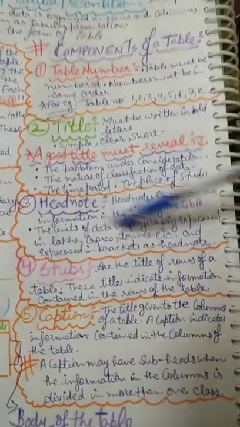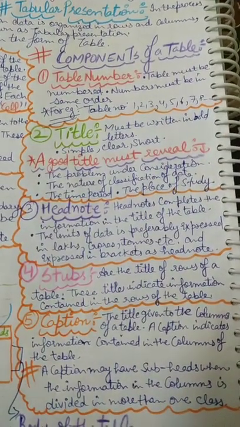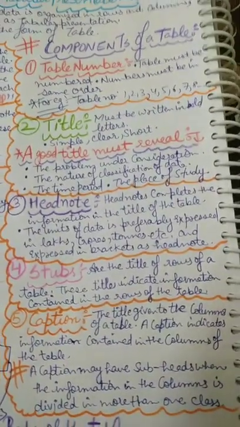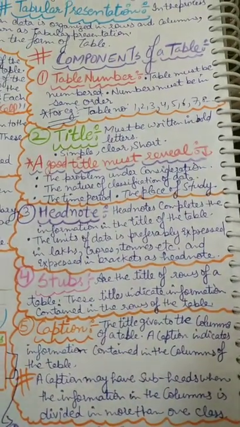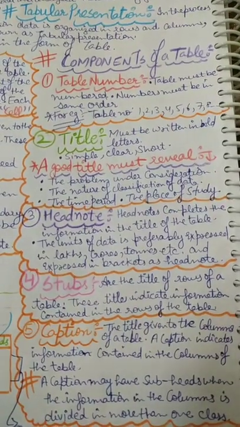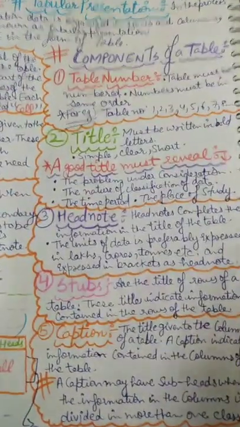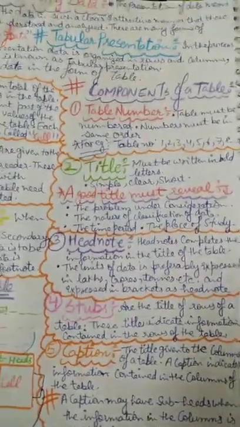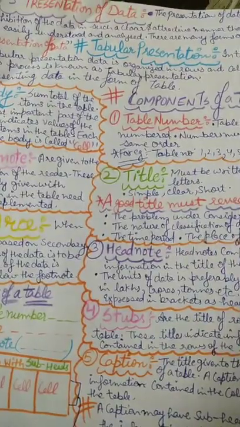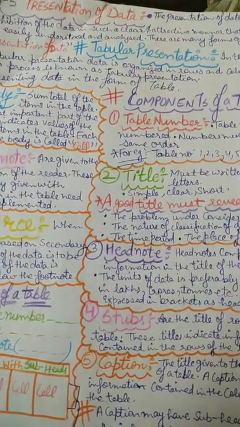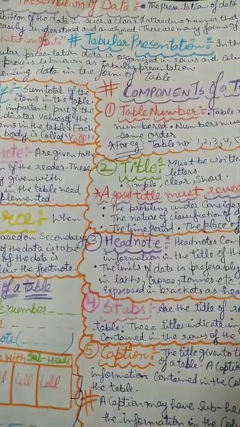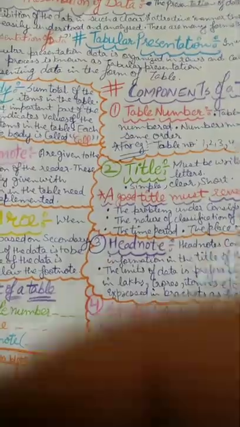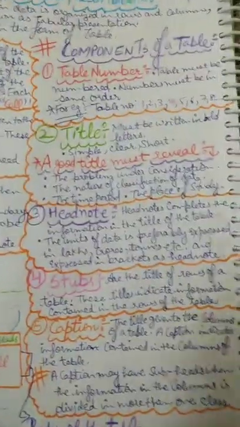Head note gives complete information about the title. For example, the unit of data is preferably expressed in lakhs, crore, tons, and expressed in brackets at the head note. In the last video, in the chapter on organization and classification of data, a sum was given to you, in which the number of families was written, and against it income was written.